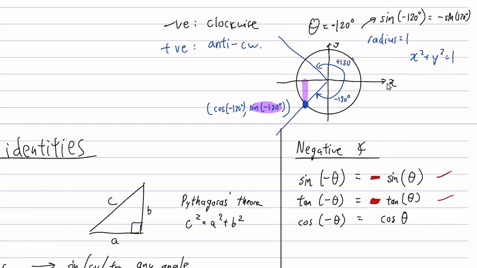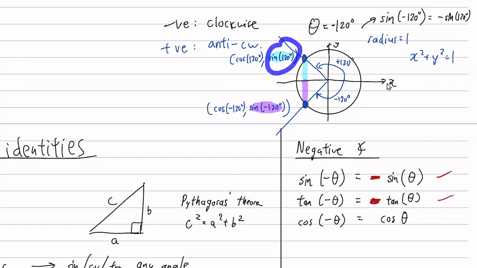So positive 120 is there. Then this coordinate here must be cosine of 120 degrees, comma, sine of 120 degrees. But what is sine of 120 degrees now? It is this vertical length here, the y coordinate.